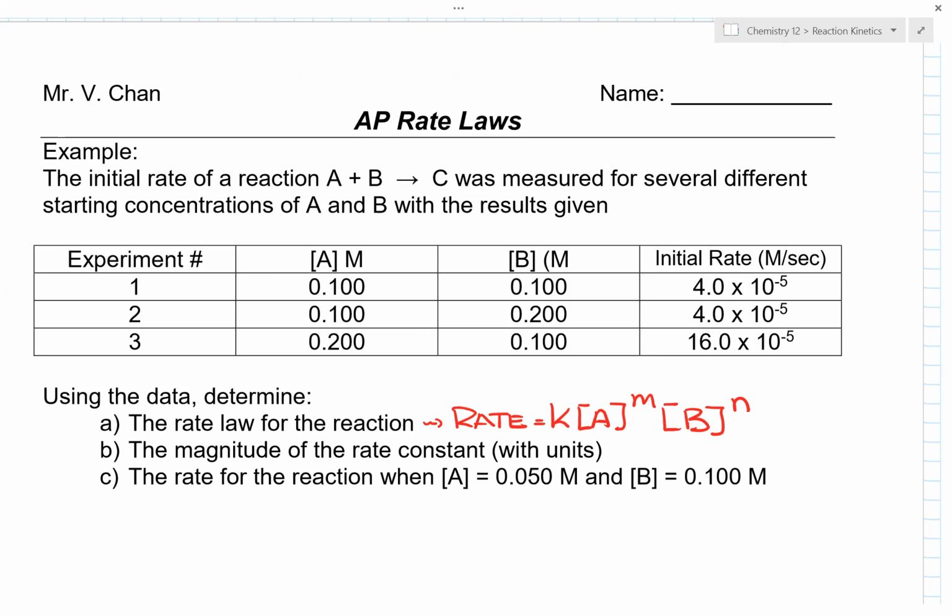I've already written down that the rate law is rate equals k[A]^m[B]^n. The reason there's only A and B is because we have 2 reactants. If there were 3, 4, 5 reactants, the rate would depend on each of them multiplied together, each raised to its exponent.